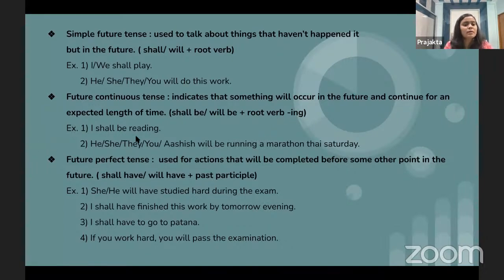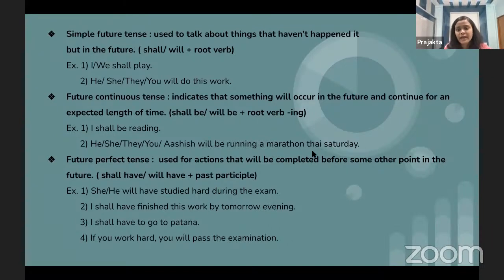See, I shall be reading. So whenever we use future continuous form in the sentence, we have to use be with the helping verb. Okay, I shall be reading. मैं पढ़ रही, मैं पढ़ूंगी. Okay, I shall be reading. He, she, they, you, Ashish, the third person name I have given here, will be running a marathon.